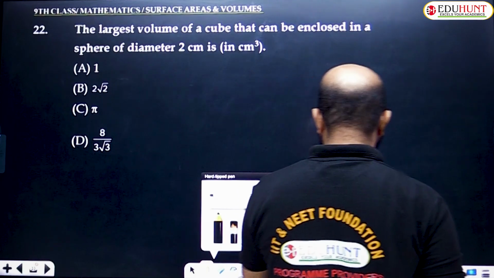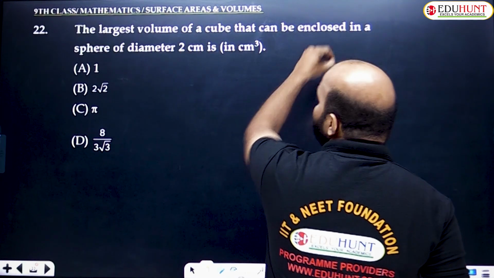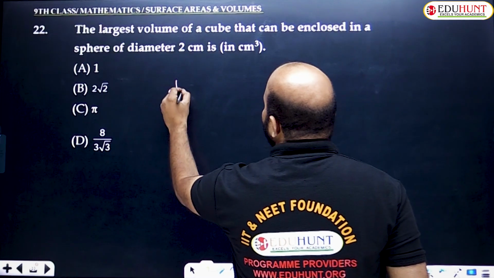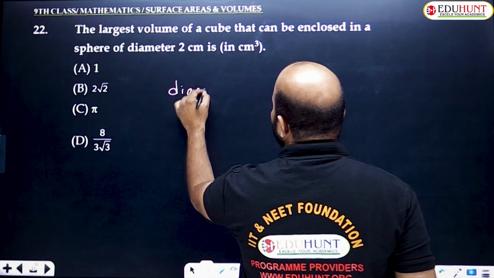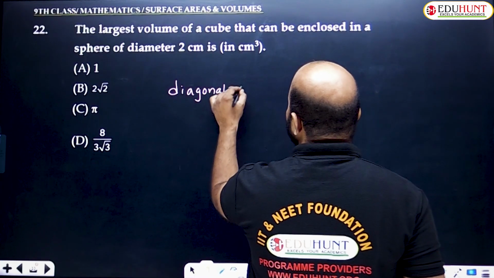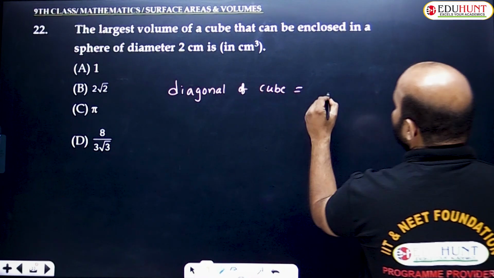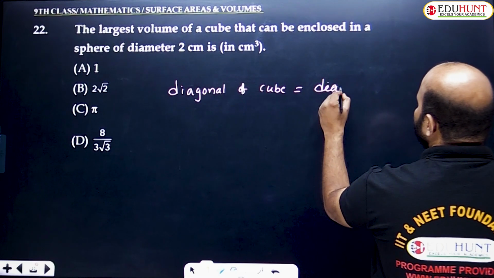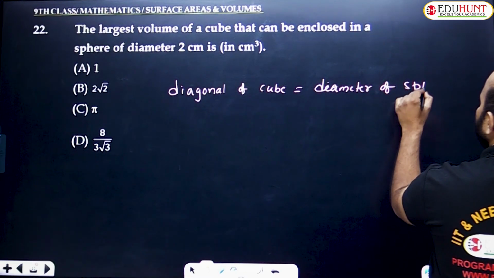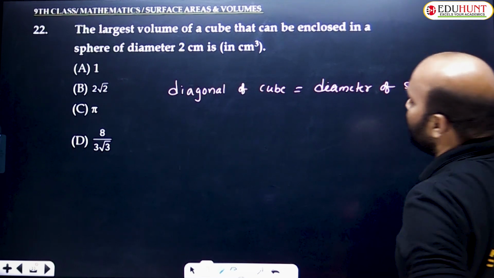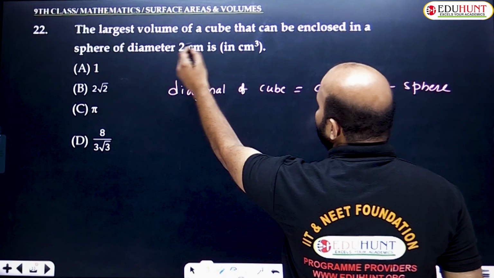So clearly we need to notice that the largest cube that can be enclosed in a sphere means the diagonal of the cube equals the diameter of the sphere. The question asks for the largest volume of the cube.